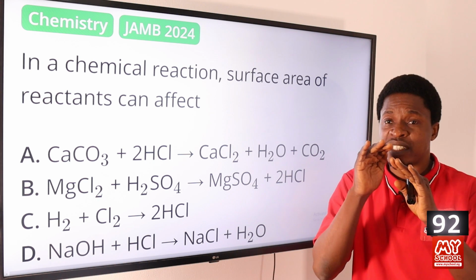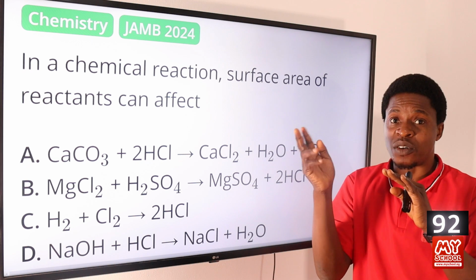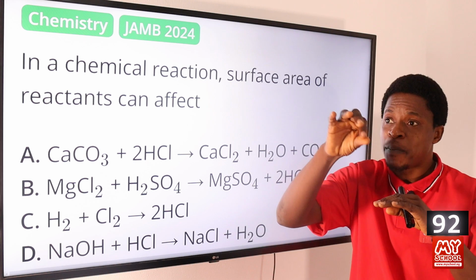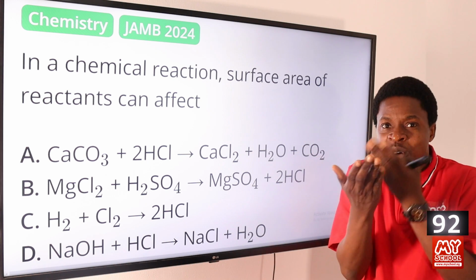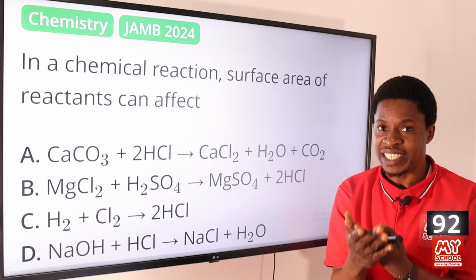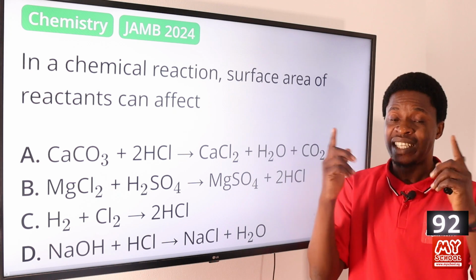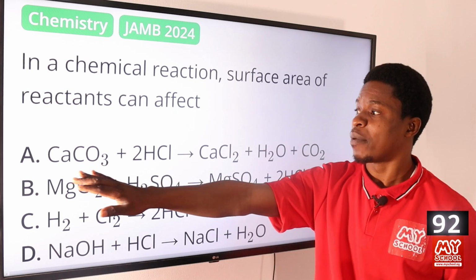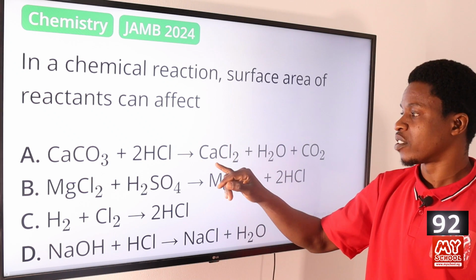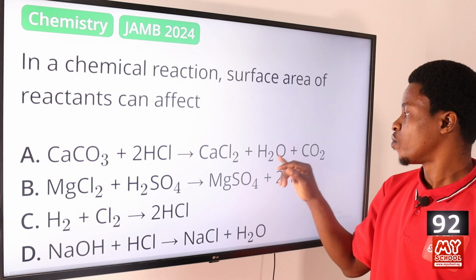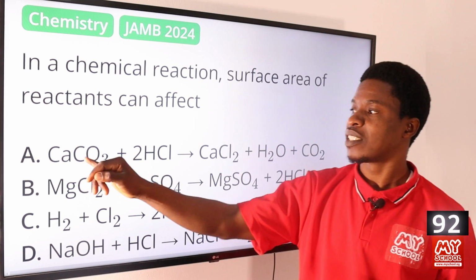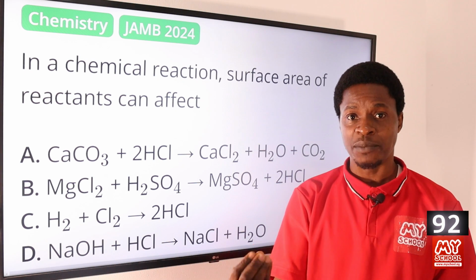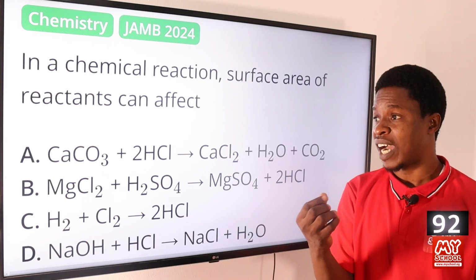So when you add the reagent or the solvent to it, what happens? All the particles will come in contact with the solvent you are adding. So the surface area is larger, then the reaction will be faster. If you look at option A, it says calcium carbonate plus HCl to give us calcium chloride plus H2O plus CO2. Of course, this calcium carbonate is not in liquid form. Usually it's solid, like your limestone, in granules, okay?